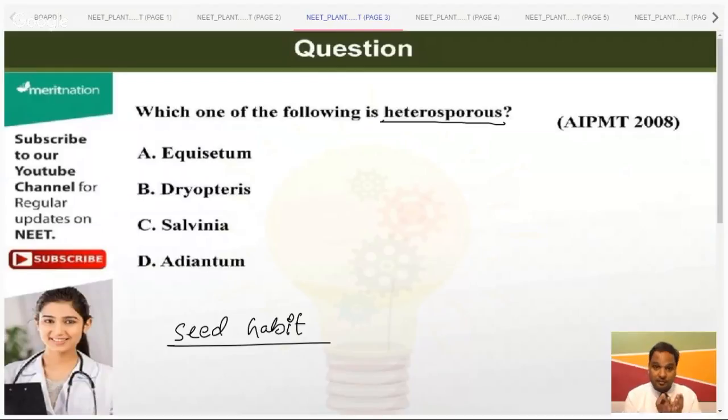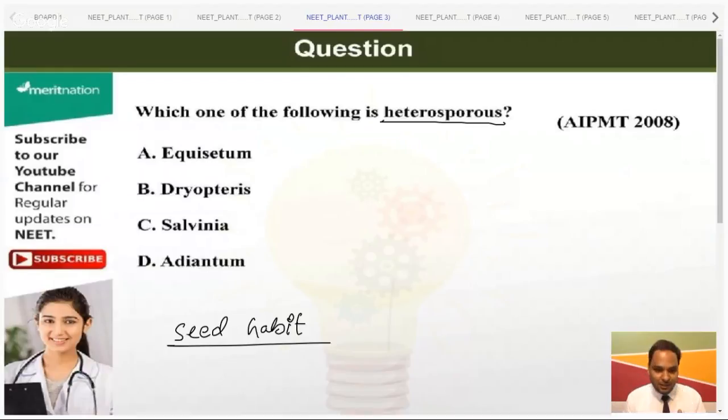So heterospory first develops in pteridophytes, and that's why we say the seed habit develops here, not the seed. Do understand the difference. Sometimes people make a mistake here. They take gymnosperm because the seed first forms there, but they are asking about seed habit, not seed. So I have talked about another question.